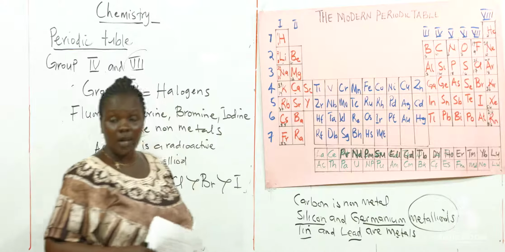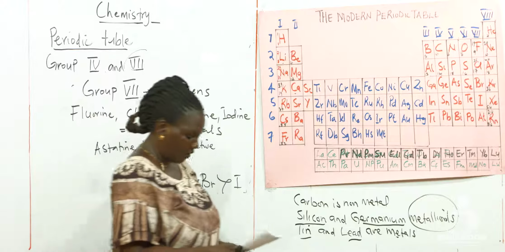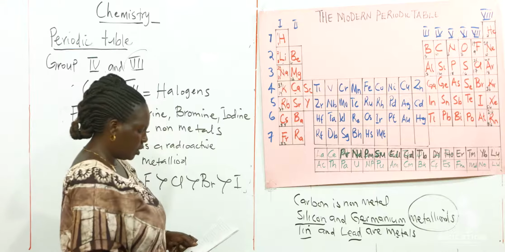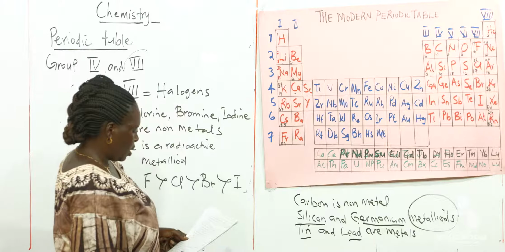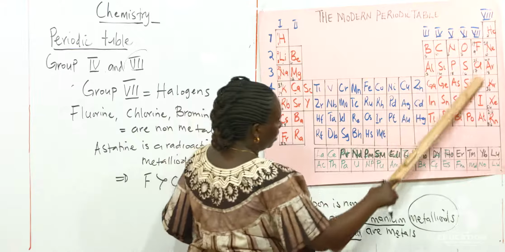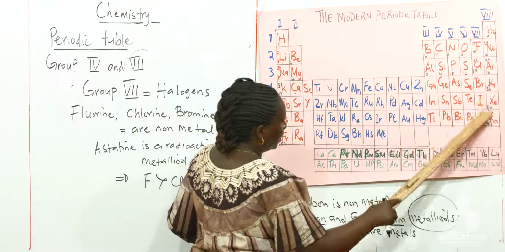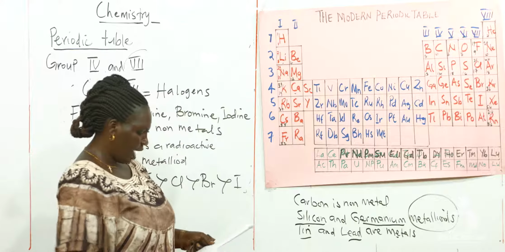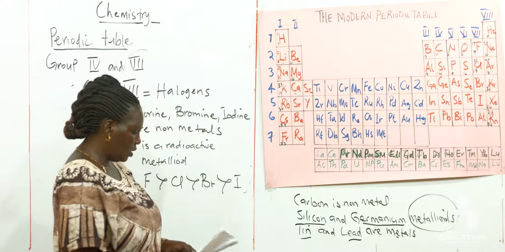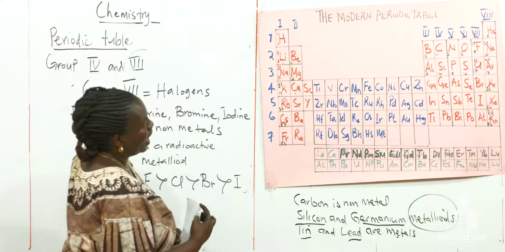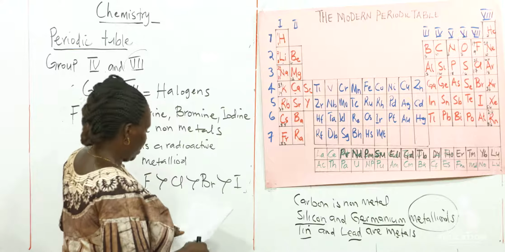In group 7, the reactivity of the elements decreases. So among this group, iodine is the least reactive non-metal.